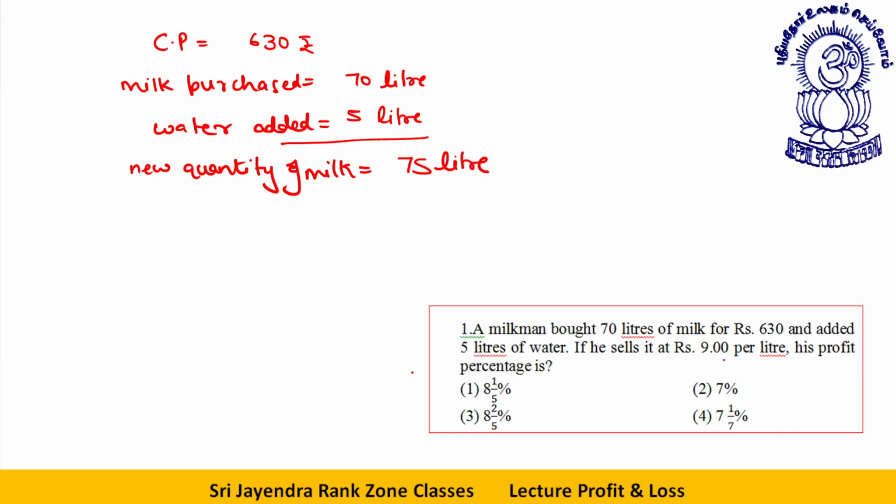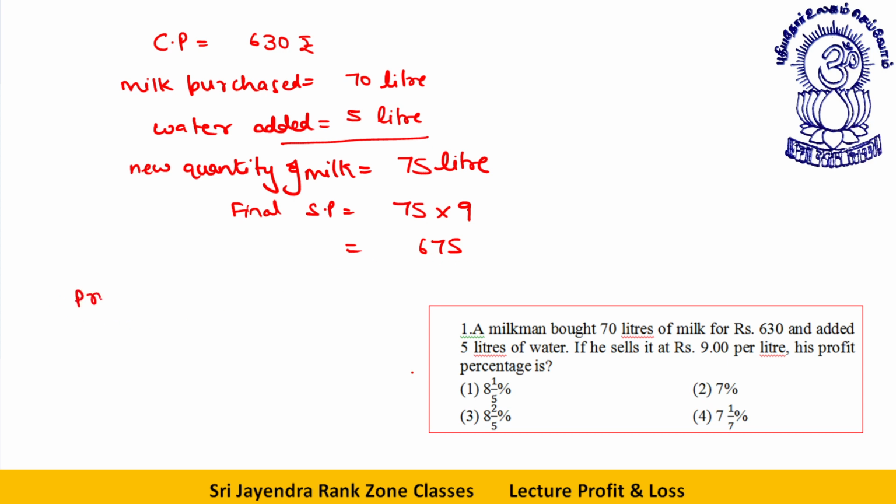If he sells it at rupees 9 per liter, his profit percentage is? Now, the final SP is 75 into 9, that is 750 minus 75, or 675.